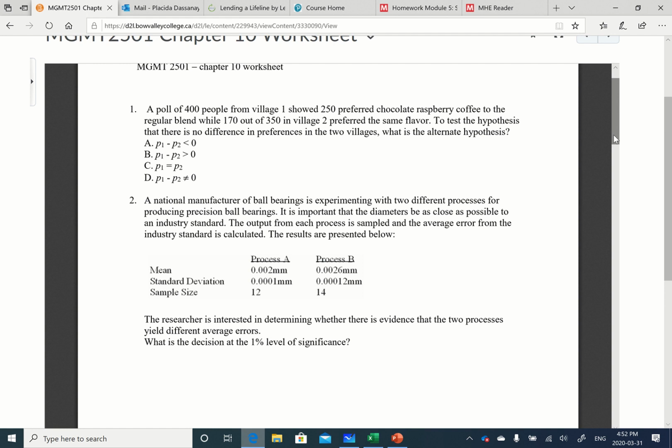So we are comparing a flavor preference between village 1 to village 2. To test the hypothesis that there is no difference, so pay attention to keywords, there is no difference in the two villages, what should be the alternative hypothesis?